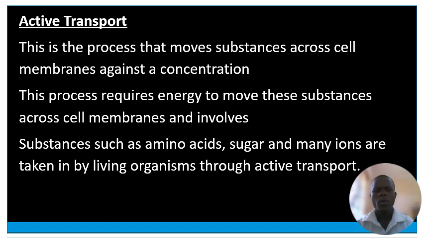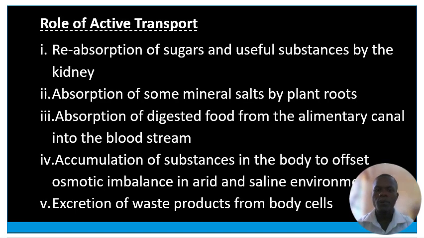This process requires energy to move these substances across the cell membranes, and it involves substances such as amino acids, sugar, and many ions that are taken in by living organisms through active transport.